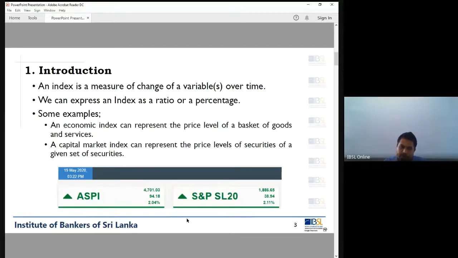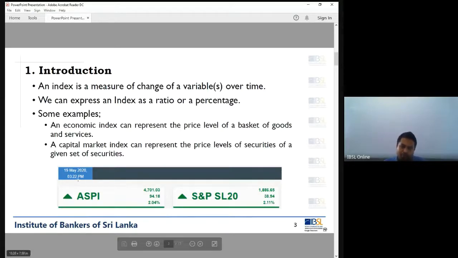For this All Share Price Index, there is some set of securities that has been allocated to the basket considered under the index. So the value of that basket on 2020 May 19th is equivalent to 4,701.03. If you look at it from the index point of view, we're looking at 94.18.